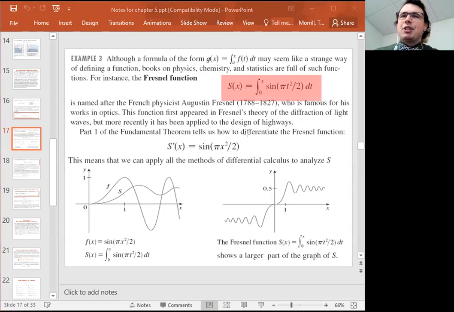So if you have a function like this, say s of x is the integral starting from 0 and going up to x, and we are integrating sine of pi times t squared over 2.